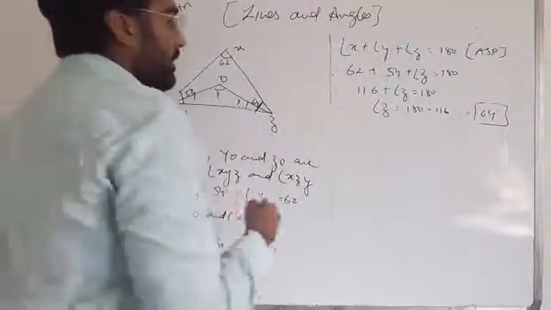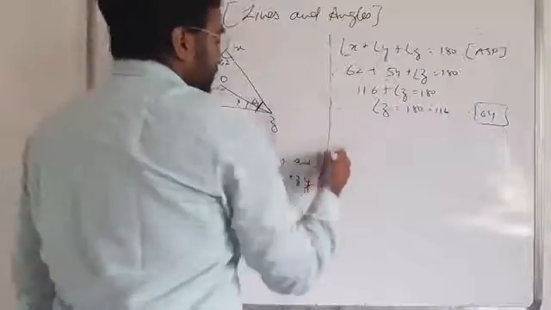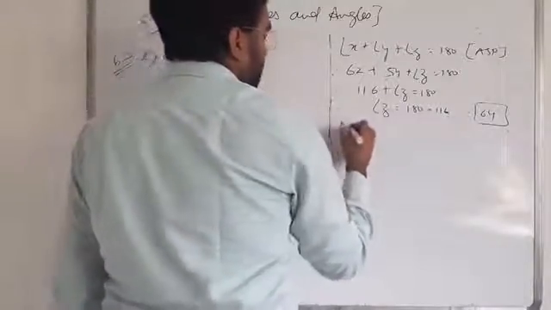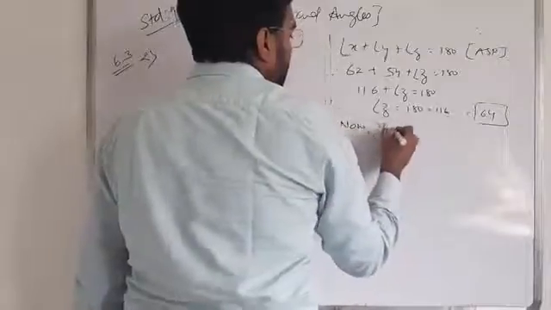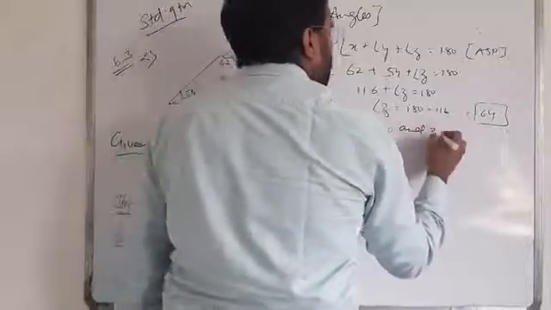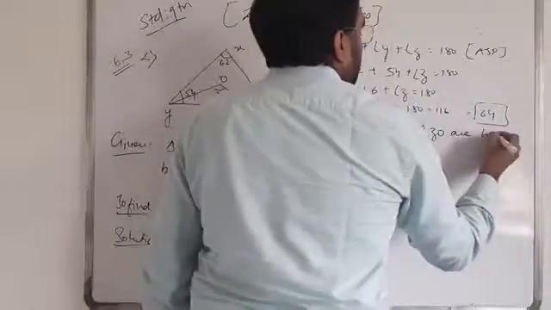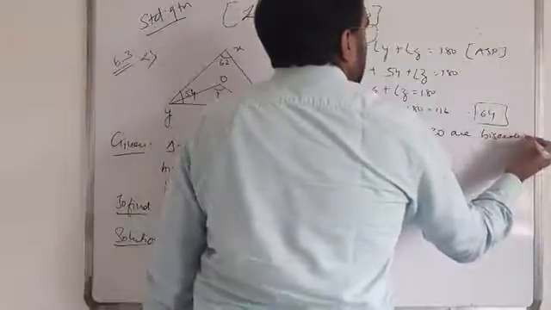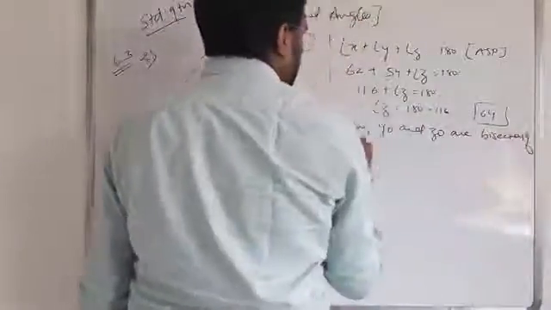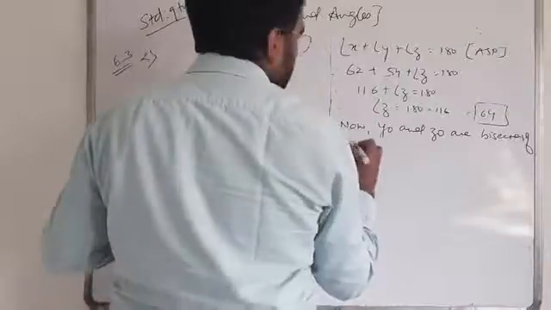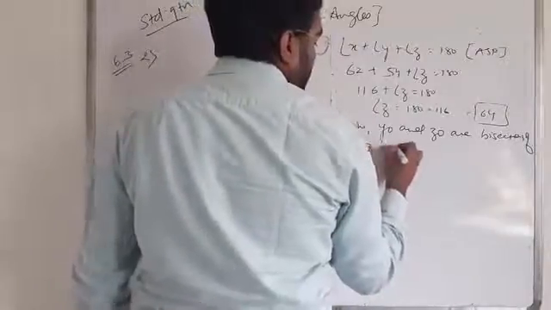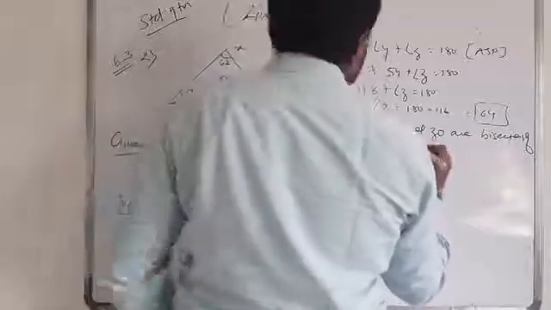Now YO and ZO are the bisectors of angle XYZ and angle XZY.